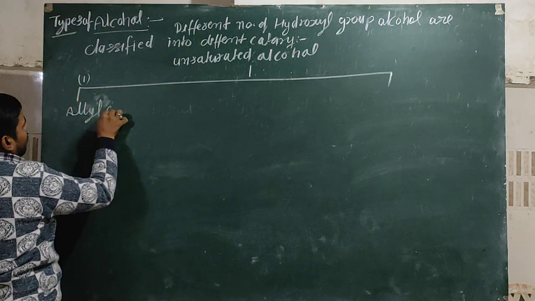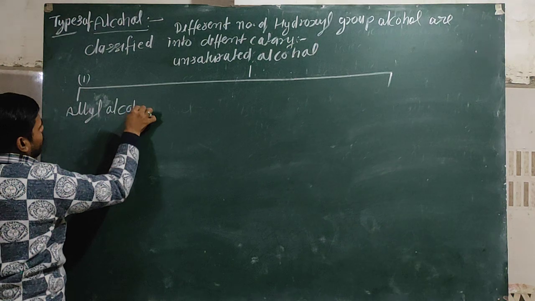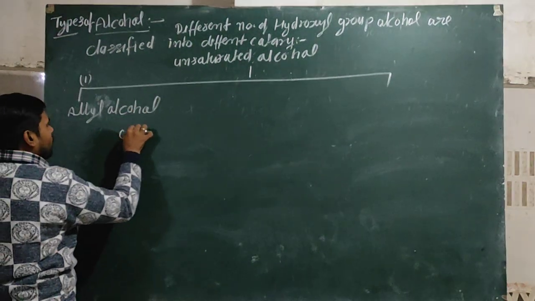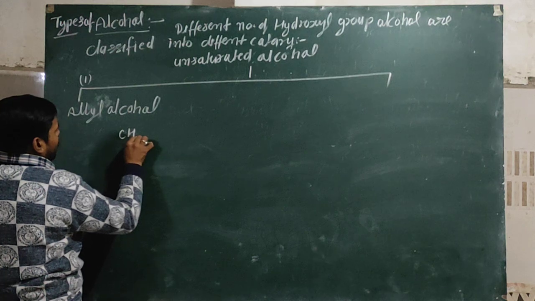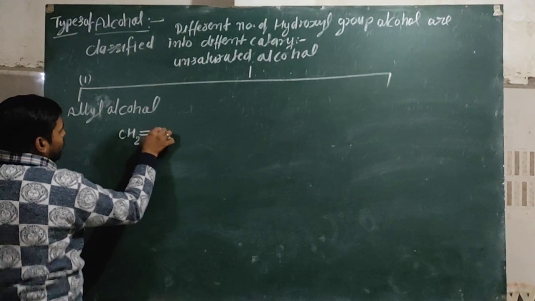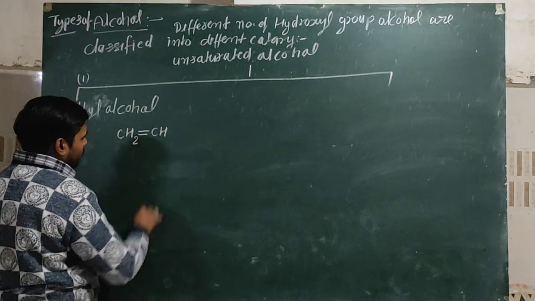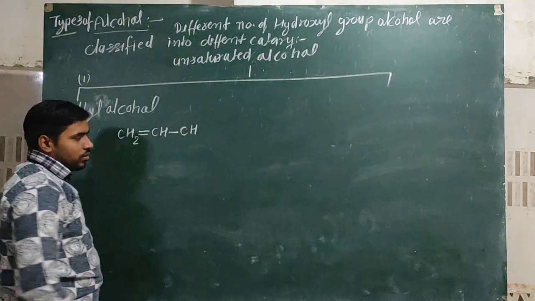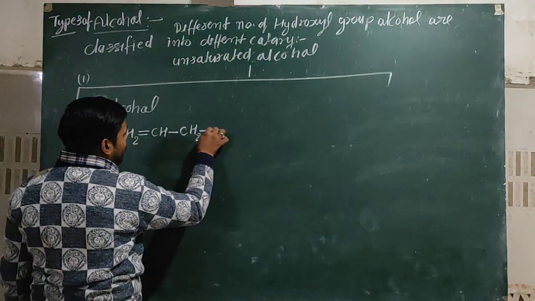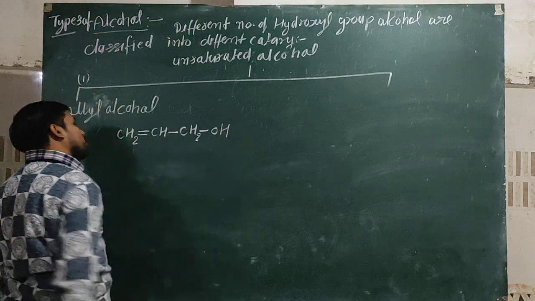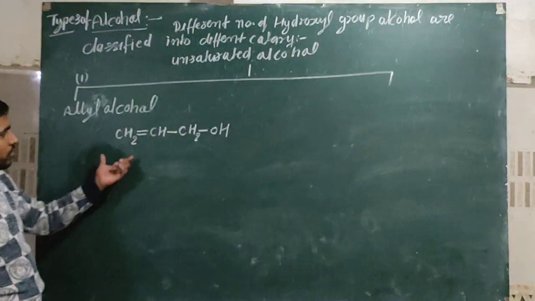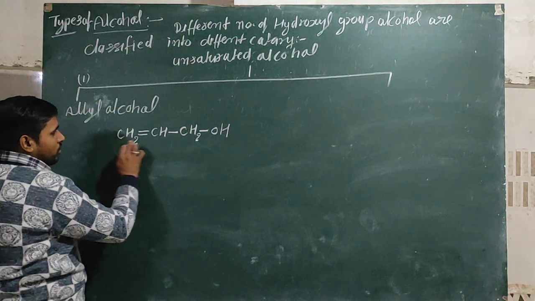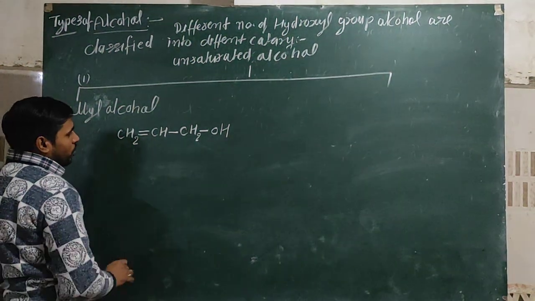Allyl alcohols are those in which a carbon-carbon double bonded system contains an sp3 carbon, and this carbon has an OH group in its structure, then it is known as allyl alcohol.